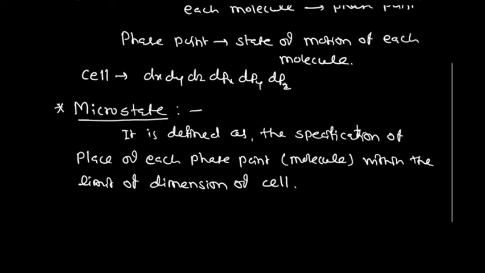Now, what is that microstate? It means if we specify a phase space, it is divided into a number of cells.